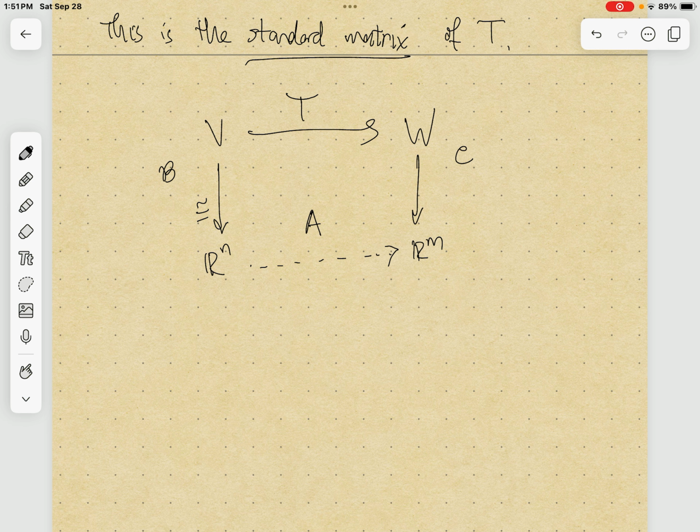Maybe one way to see why this is true is, let's say you take V1 through Vn to be your basis B. Well then this transformation is going to send V1 through Vn to E1 through En. And so this linear transformation is going to take V1 through Vn to T of V1 through T of Vn.